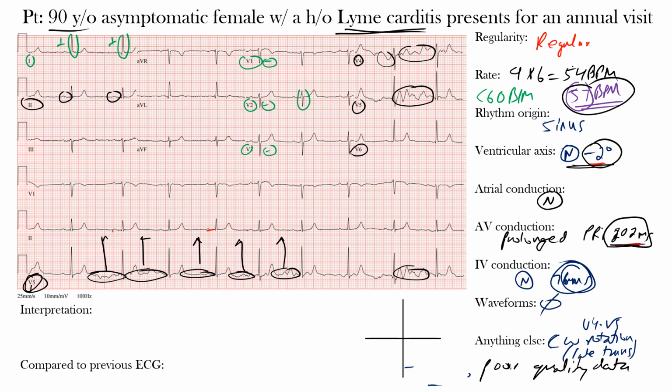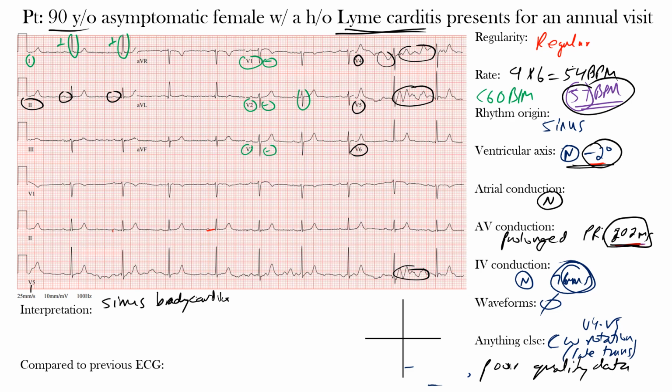We'll clear this up. Okay, so our final interpretation, we said we have sinus rhythm, but it's slow, so we call that a sinus bradycardia. Okay, it's less than 60 beats per minute, right? 57. And then we also have first degree AV block.